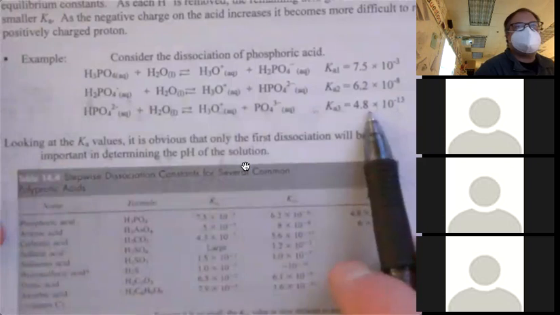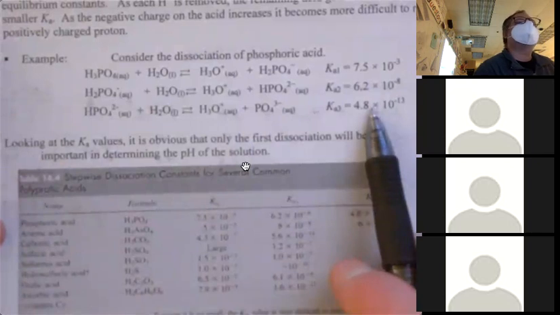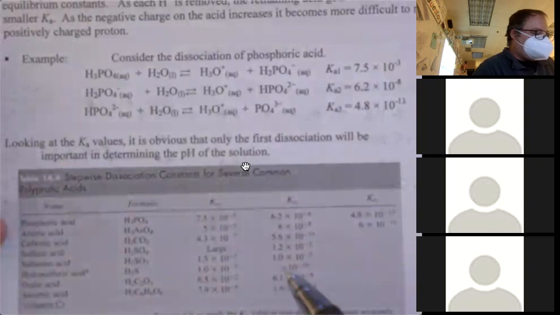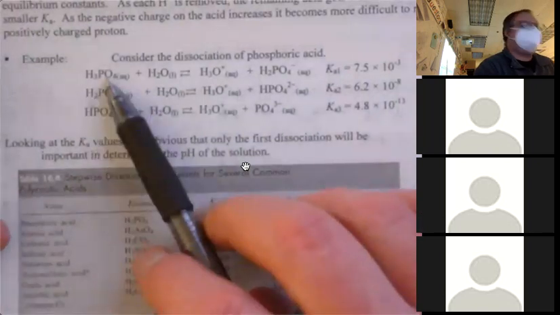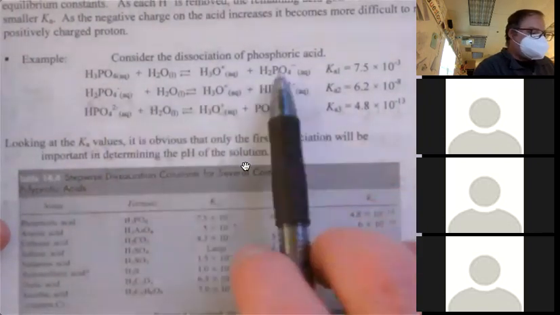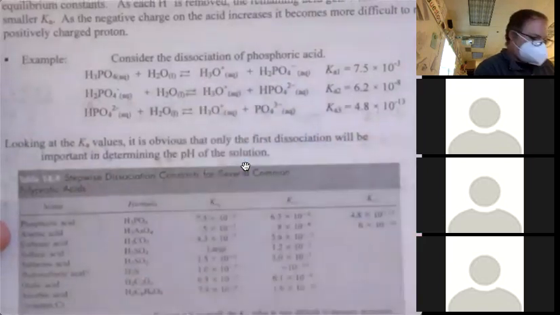But you can see that that is very, very, very unlikely. This is way, way, way less than 1. In reality, the pH based on the concentration of hydrogen ions for the dissociation of phosphoric acid is probably going to be all based on how many come off of that first one.